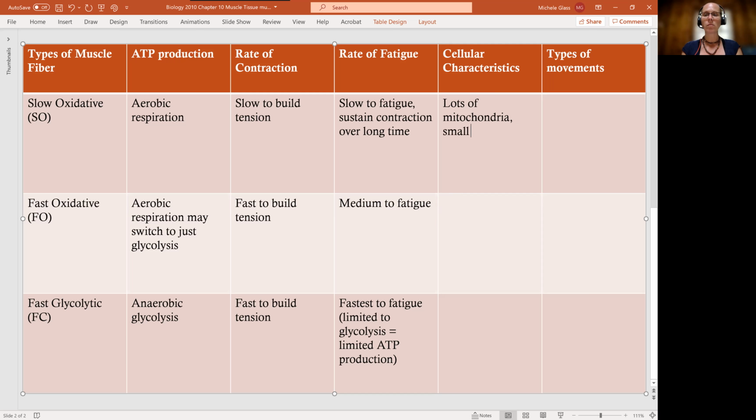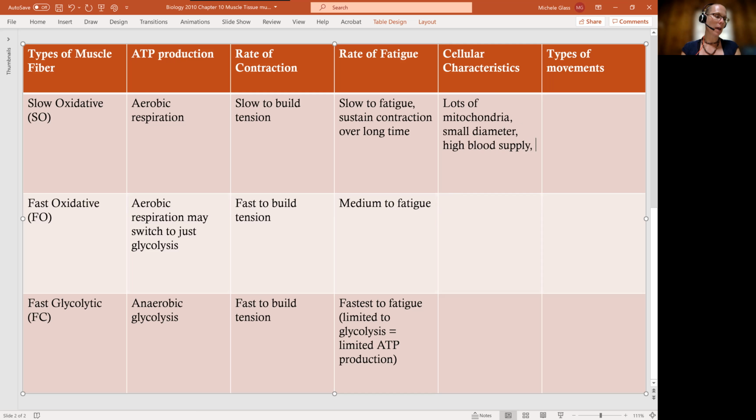They do have a small diameter, so that means they're not really full of those myofibrils. So this is not like a super powerful muscle. This is not a cell that has a lot of power. They do have a high blood supply. And this makes sense also because aerobic respiration requires oxygen, and that oxygen is coming from the blood supply.